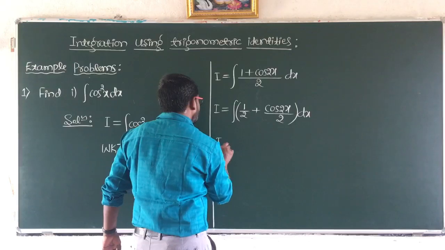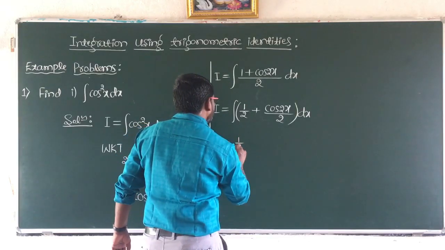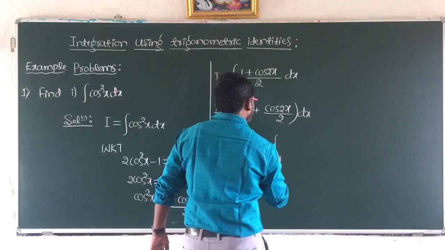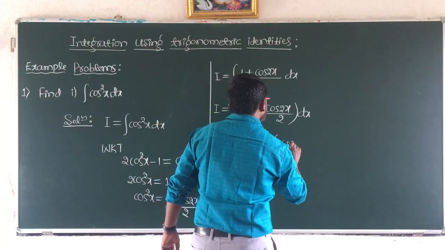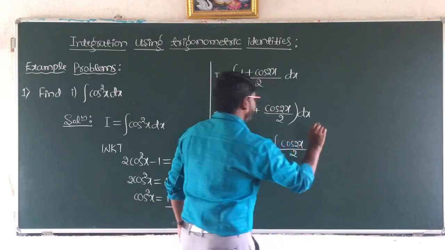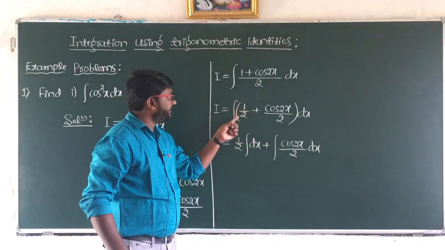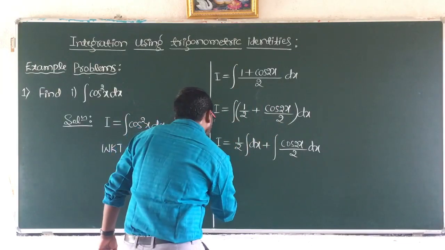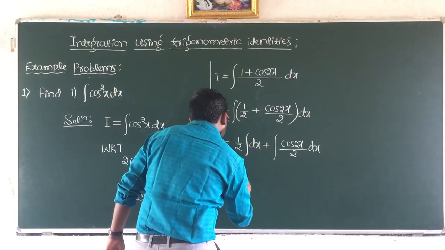I is equal to 1 by 2, write it outside, integral dx plus integral cos 2x divided by 2 dx. So here we are integrating them separately. Now I is equal to 1 by 2, I write it as it is.